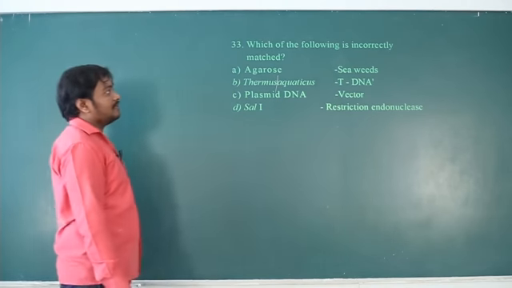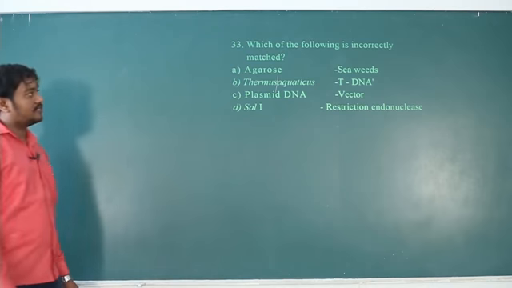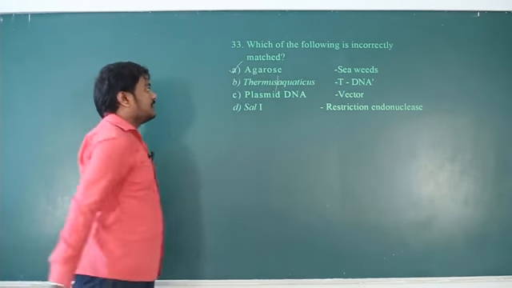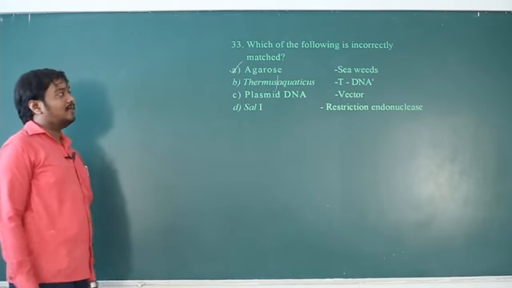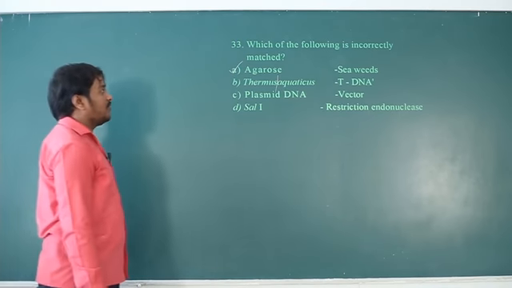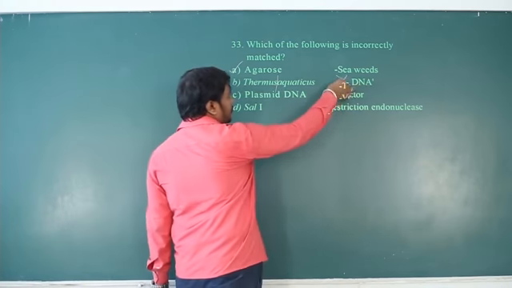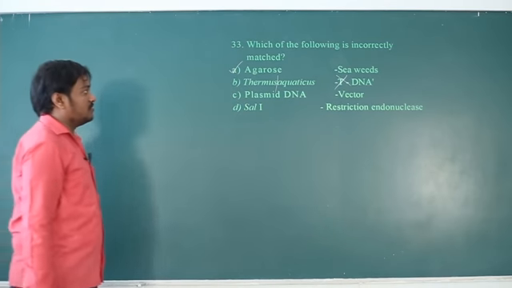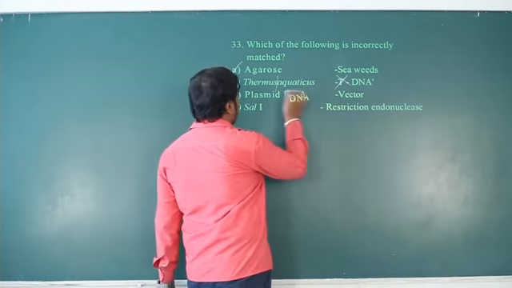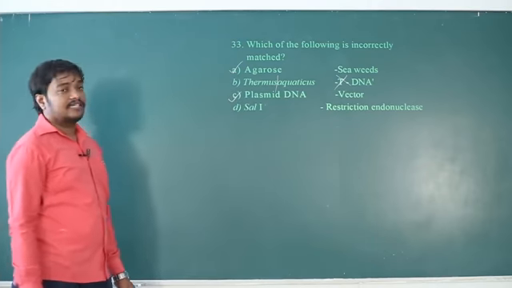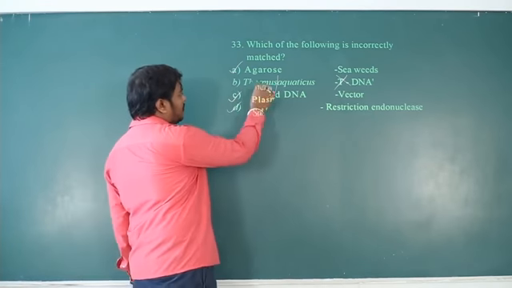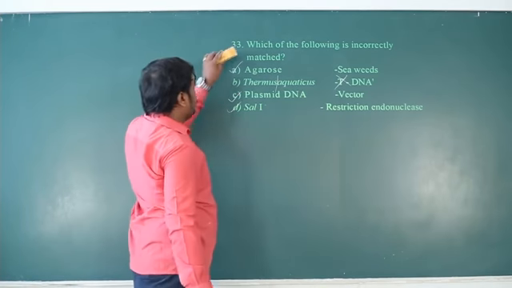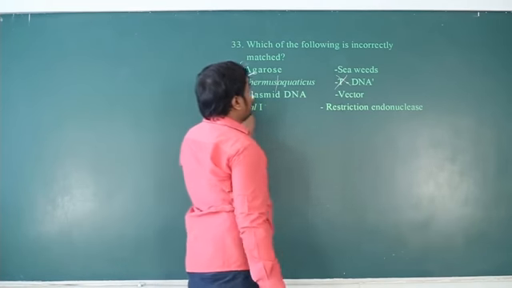Agarose can be extracted from seaweeds, Gracilaria and Gelidium, so that is right. Thermus aquaticus, tDNA, the tumor inducing DNA: Thermus aquaticus does not have it. The tDNA is present only in Agrobacterium tumefaciens, so this is the incorrect match. Plasmid DNA can be used as a vector, that's right. SalI is a restriction endonuclease present in pBR322, right. So the incorrect one is B, and B is the right option for this question.